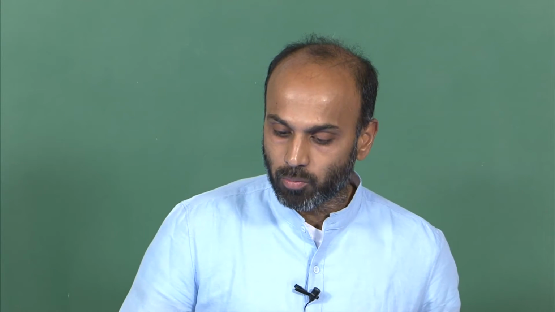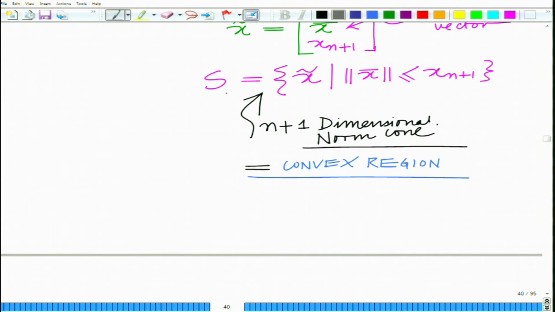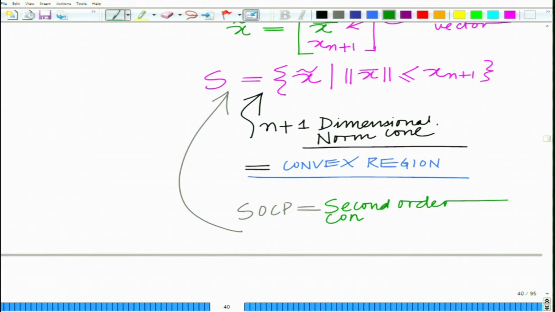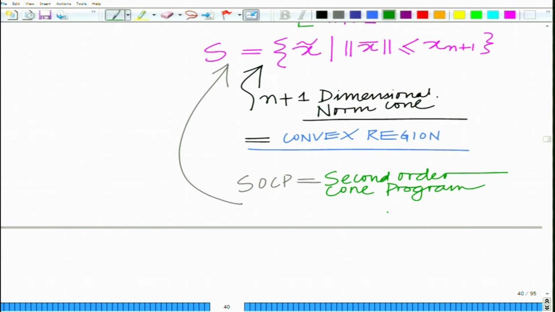We will explore problems known as SOCP, or second order cone programs, and these have significant application and utility. These are second order cone programs that have conic constraints, and these have significant utility in the context of wireless communication and signal processing.